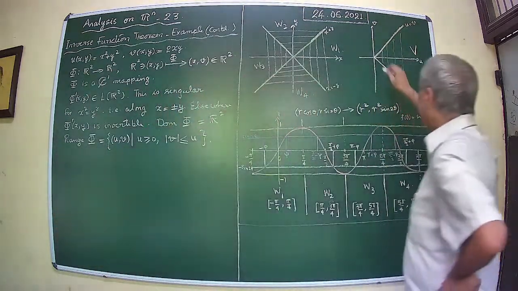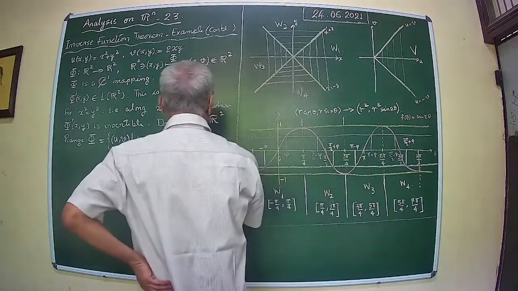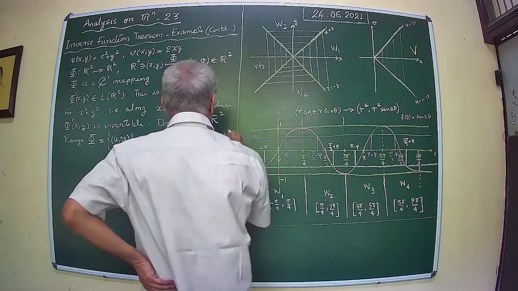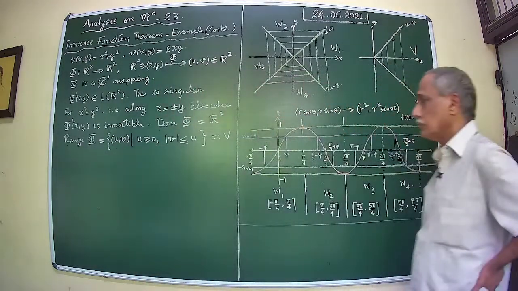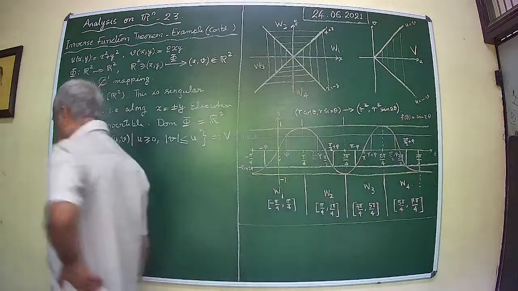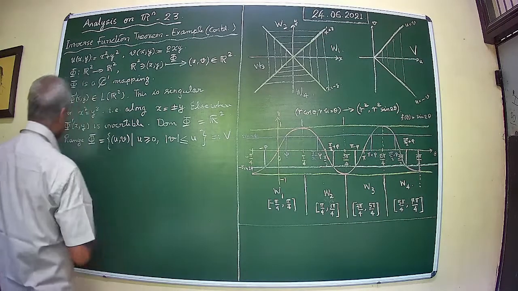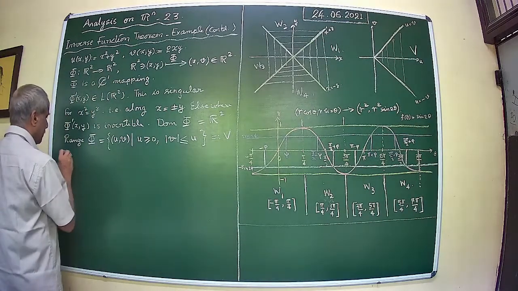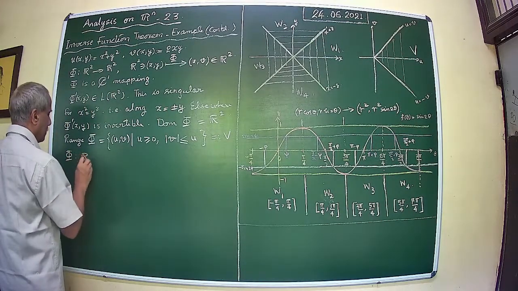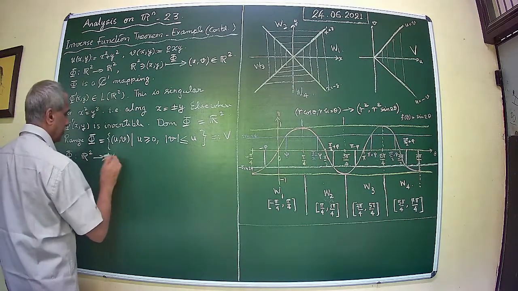That means this wedge-shaped region which we designate by V. Therefore phi is a map from R2 onto V.